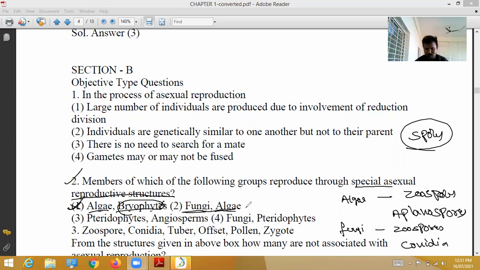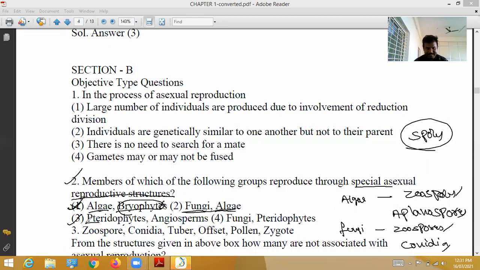Fungi and algae, these two reproduce through zoospores, aplanospores, and conidia. So the second option is correct. Let's see the third, pteridophytes and angiosperms. Pteridophytes and angiosperms do not produce this type of asexual reproductive structures.